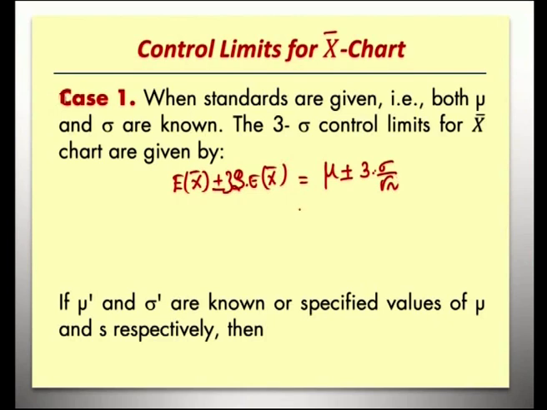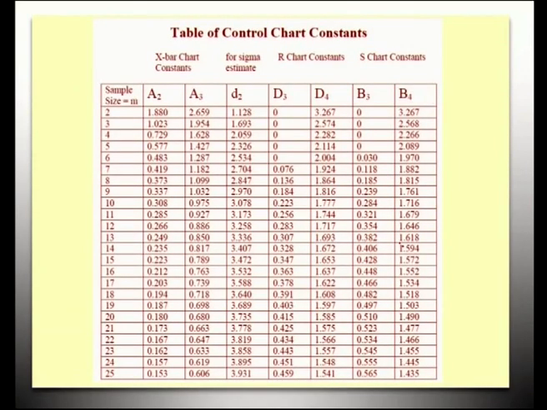So, if you just take it as mu plus A into sigma, the value of A is 3 divided by root n. These particular A values are tabulated for different values of n, from 1 to 25. This is the tabular column which shows the control chart constant values.